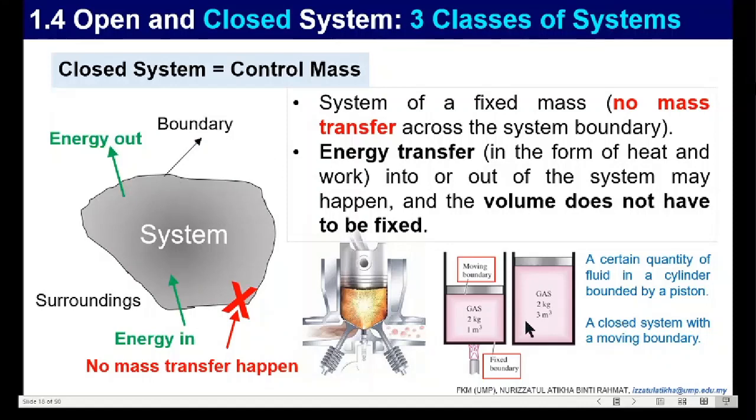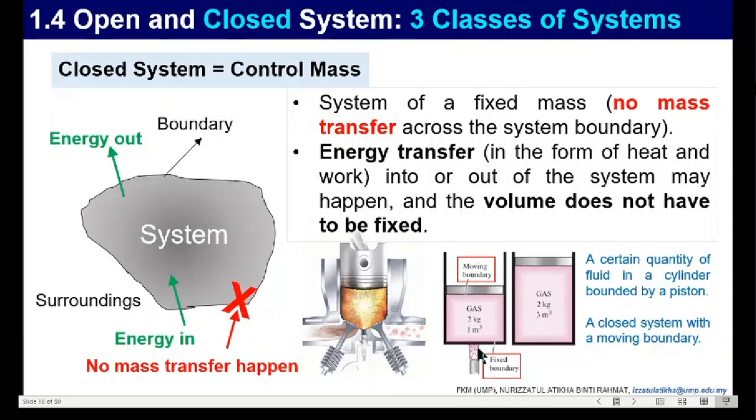Let's see this example of a piston. We have a moving boundary and also a fixed boundary. When you apply heat, you have a fixed boundary that separates the system and the surroundings, and you also have the moving boundary.